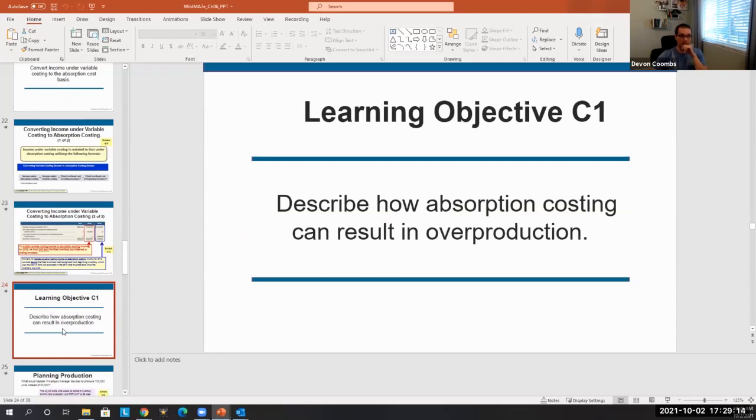So based on all of this, how can absorption costing result in overproduction? I'm curious, does anyone have any ideas here or questions before we get to this? Can you repeat your question, please? The question is, why might absorption costing result in overproduction?